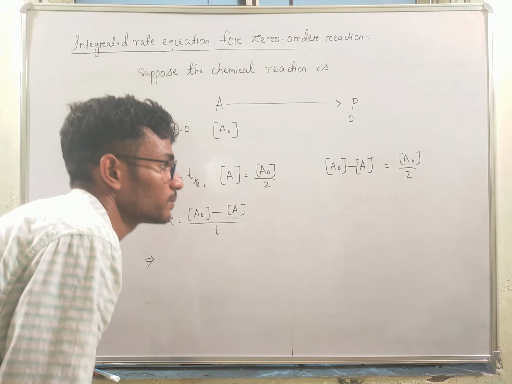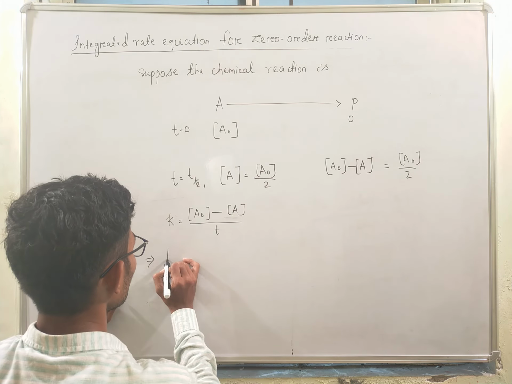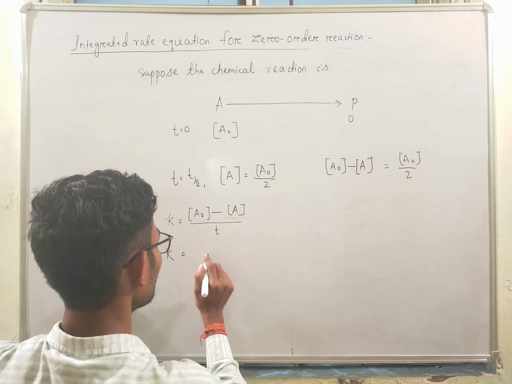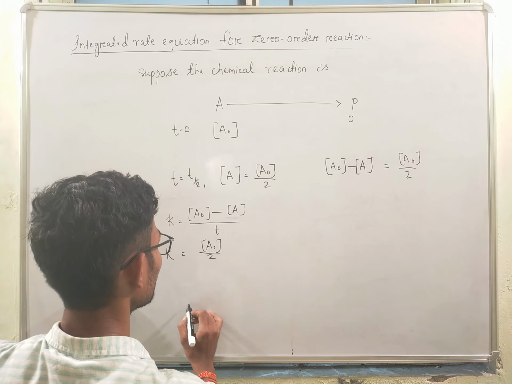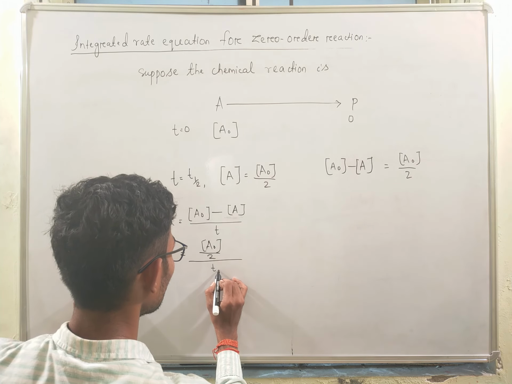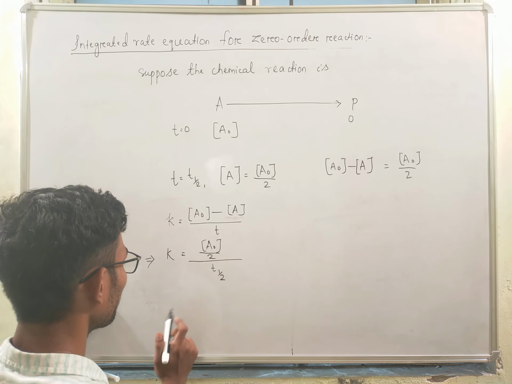So K equal to A naught minus A, whose value is A naught by 2, whole divided by T, for which we put T half. So we find the half life period; we find T half.